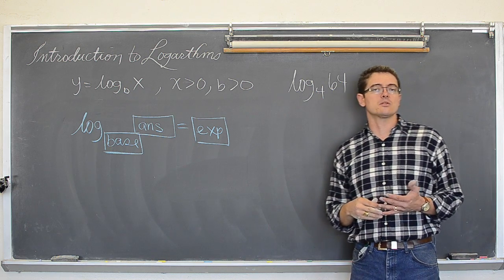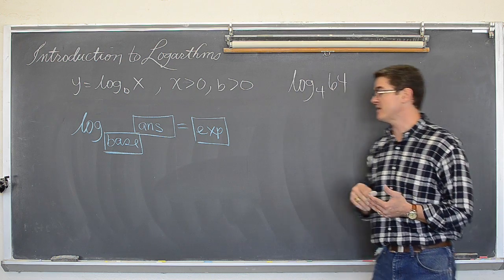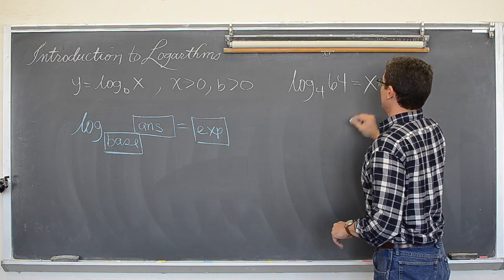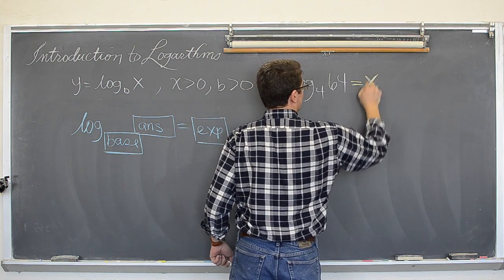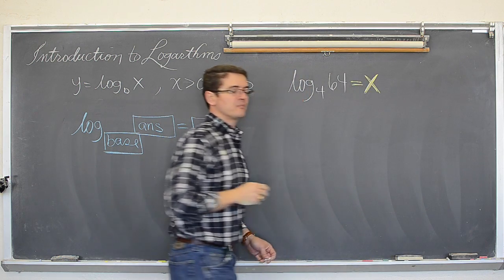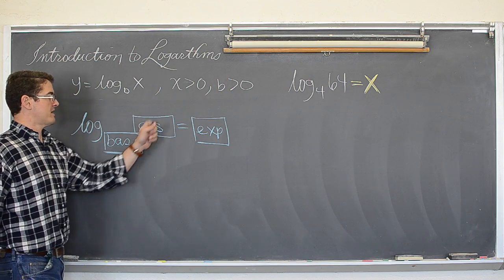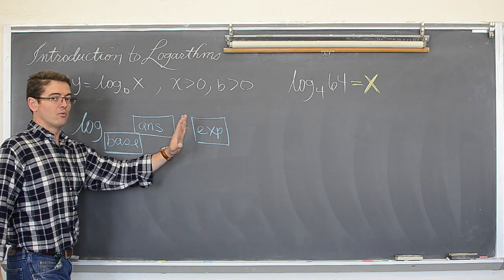Most calculators only do log base 10 and log base e, which is called natural log. I haven't talked about that yet. What is this equal to? Well, I don't know, and I like to put this extra part in that the textbook does not, so you can see the base, the answer, and what's going to be the exponent when you write your log function in exponential form.